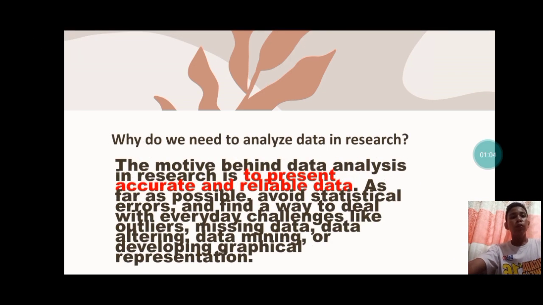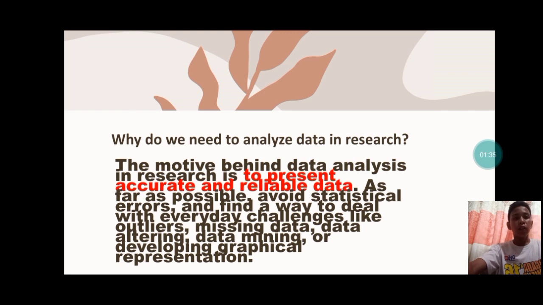So why do we need to analyze data in research? The motive behind data analysis in research is to present accurate and reliable data as far as possible, avoid statistical errors, and find a way to deal with everyday challenges like outliers, missing data, altering data, data mining, or developing graphical representation.